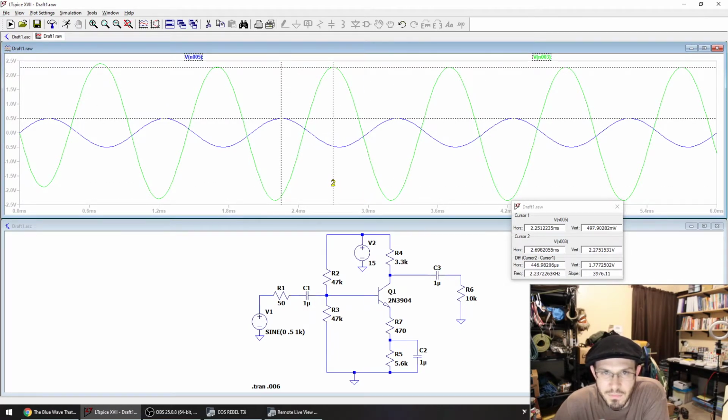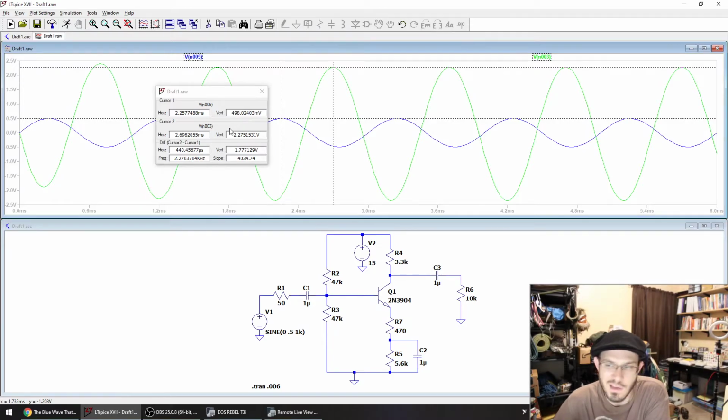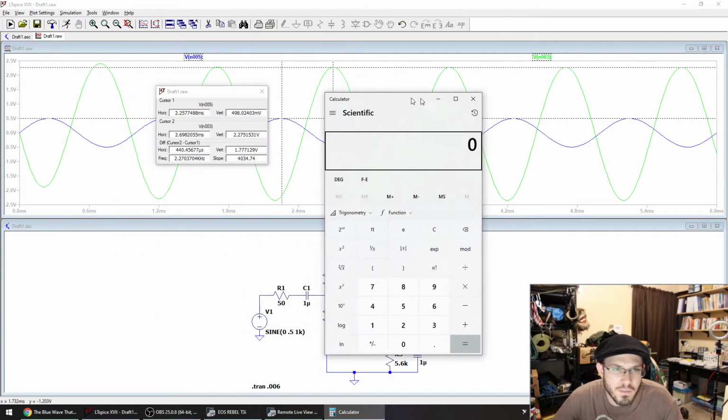Now I'm looking at the peak of the input versus the peak of the output. Over here you can see that my input is 498 millivolts. So not quite exactly 500 millivolts. That's a function of that impedance. The output is 2.275.